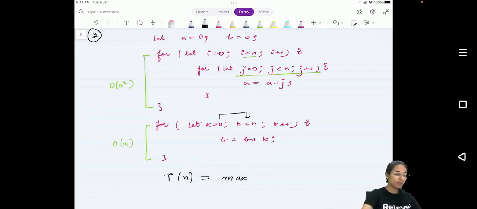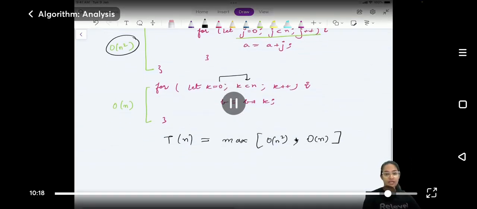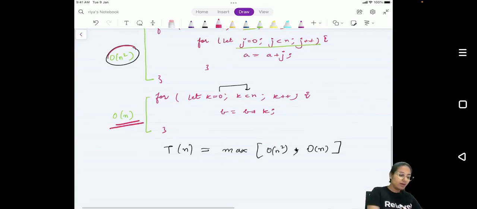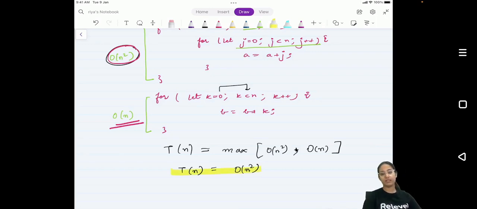So what will happen over here is we have O of n square, and then we have O of n, right? Although we do have an O of n loop over here, the major factor over here is O of n square, and out of O of n square and O of n, we already know that O of n square is maximum. Hence the total complexity for this code is going to be this. Clear to everyone?